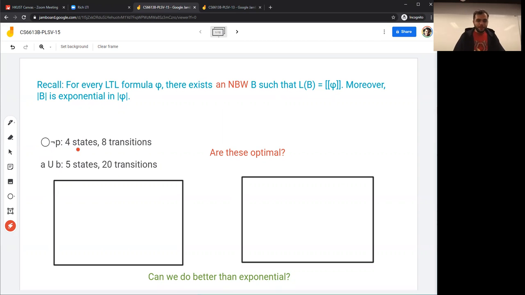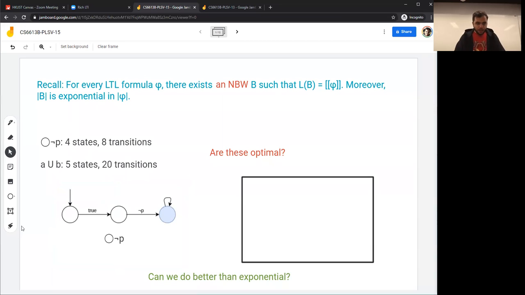So what do you think? How many states do we need for next not P? For example, can we do it with just 3 states instead of 4? No, actually, yes. So we can have an automaton like this, right?